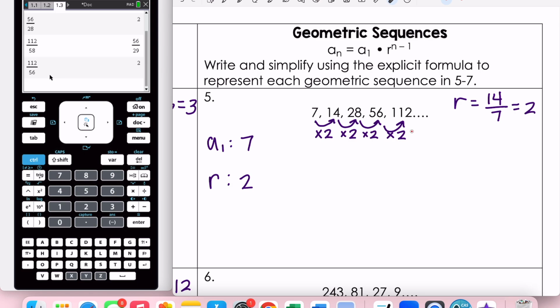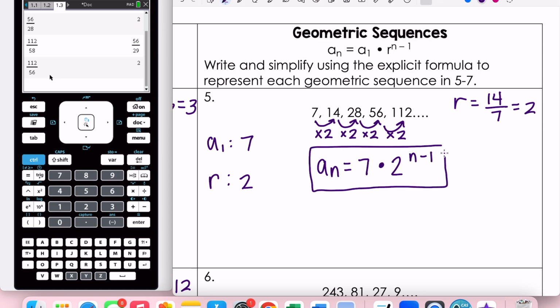That confirms for us that our common ratio is 2. So plug this into the formula. We have a sub n equals a sub 1, which is 7, times the value of r, which is 2, raised to the power of n minus 1. And this is actually going to be my final answer. There is nothing else for us to find out or to simplify.